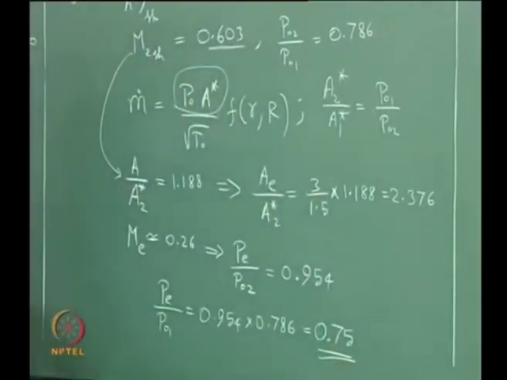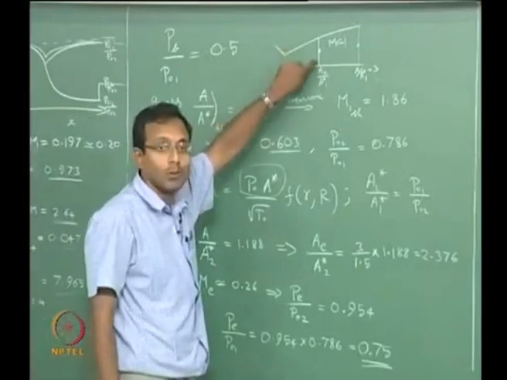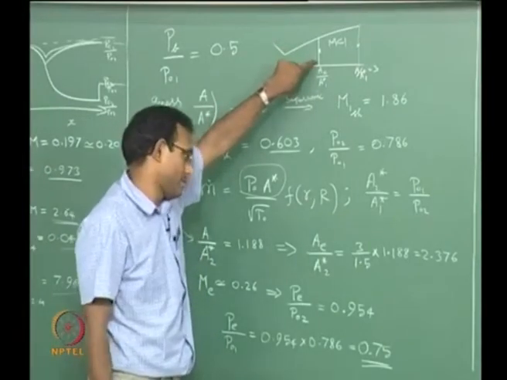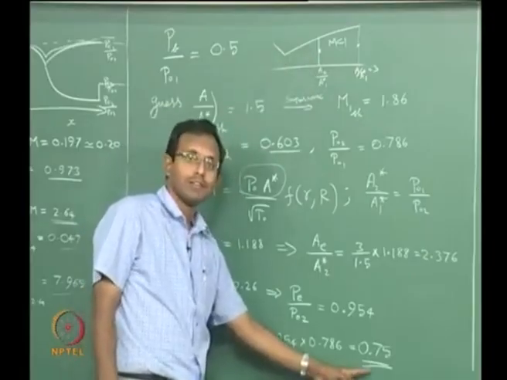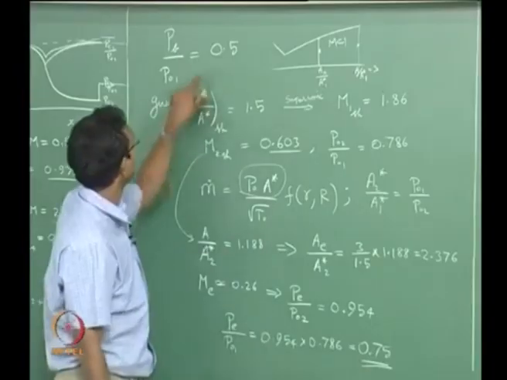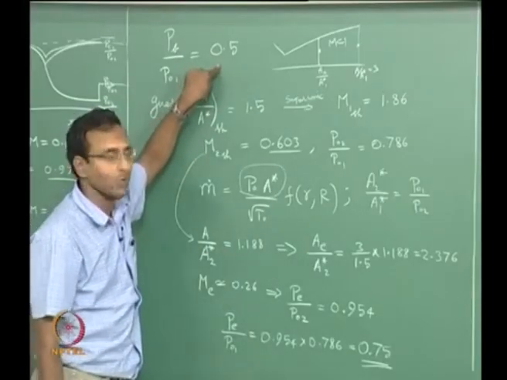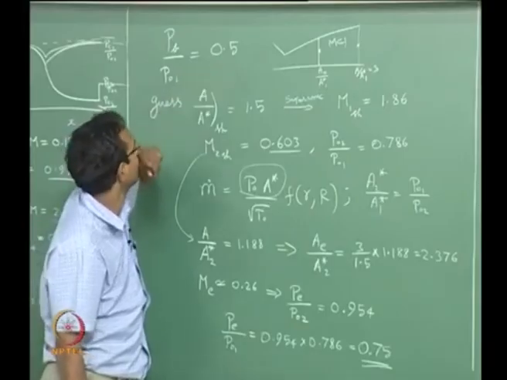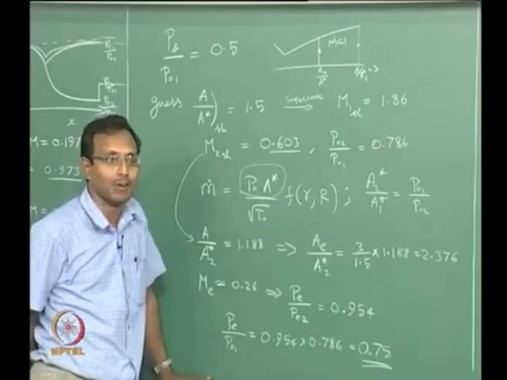If my shock happens to be at A by A star of 1.5, then I am going to have an exit pressure of 0.75. But what was our target? 0.5. I did not meet it. So what should I do? What should be my next guess for my A of shock?